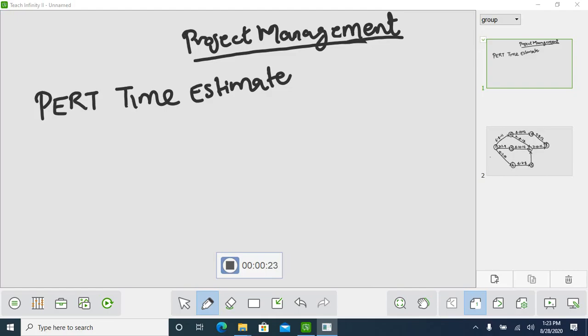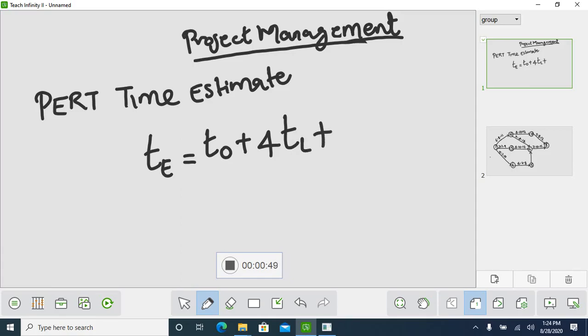So the time estimate formula is TE, that is small t capital E, equal to optimistic time TO plus 4 times TL or TM, that is you can take most likely time, TL or TM, anything you can consider, plus TP, that is pessimistic time, divided by 6.